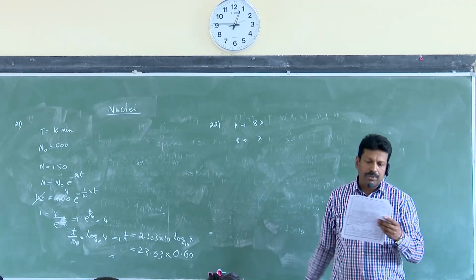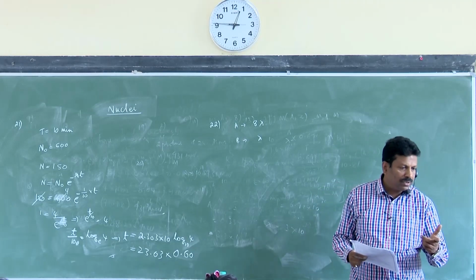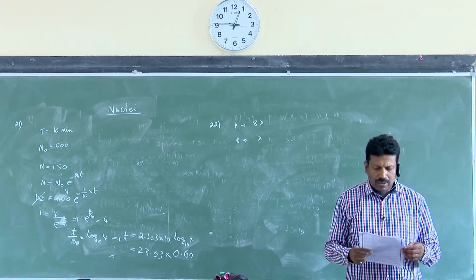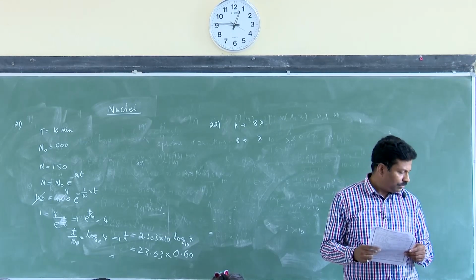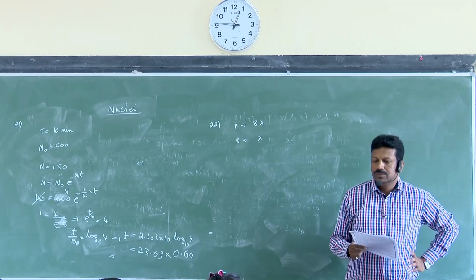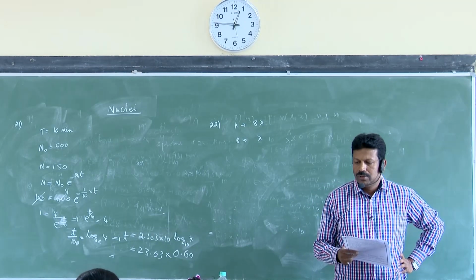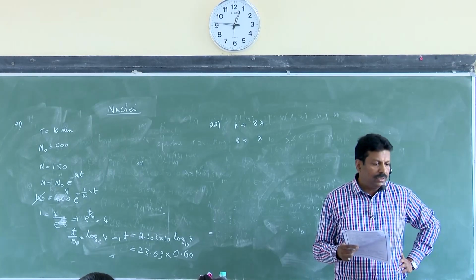A has 8 lambda. The print is wrong here, so make it as what has been printed there. Material B has decay constant lambda, make it as lambda. B has decay constant lambda.